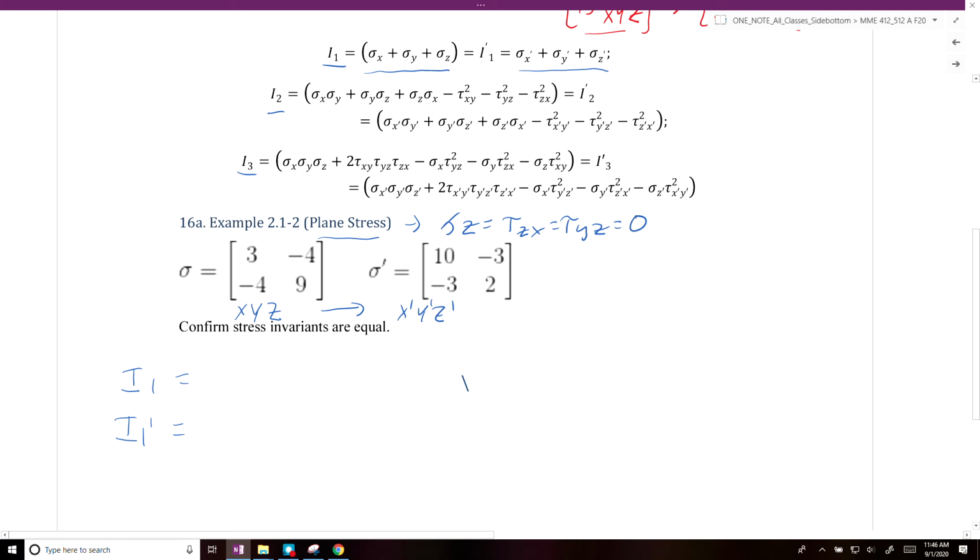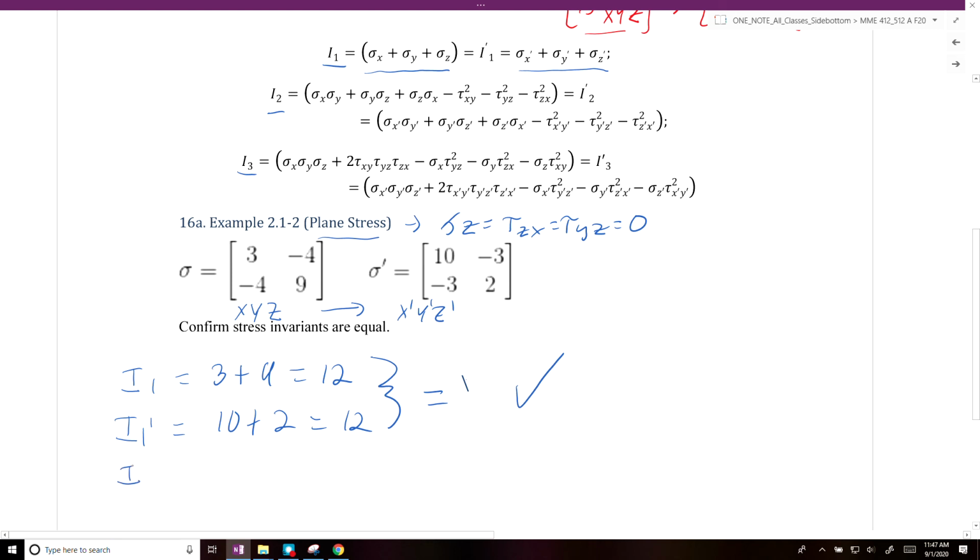So I1 is just the sum of all the normal stresses. For I1, we have 3 in the x direction and 9 in the y direction, so we get 12. For I1 prime, we get 10 in the x plus 2 in the y, so that's also equal to 12. These are equal, so that's good.